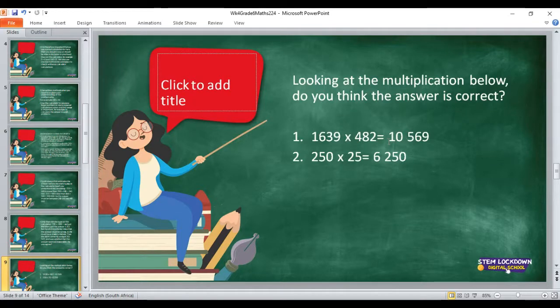And the second one is 250 multiplied by 25, which gives the answer 6,250. Can we just give the answer by looking at those multiplications? If yes, ma'am, the answers are correct, or no, ma'am, your answers are incorrect. Are we able to do that?